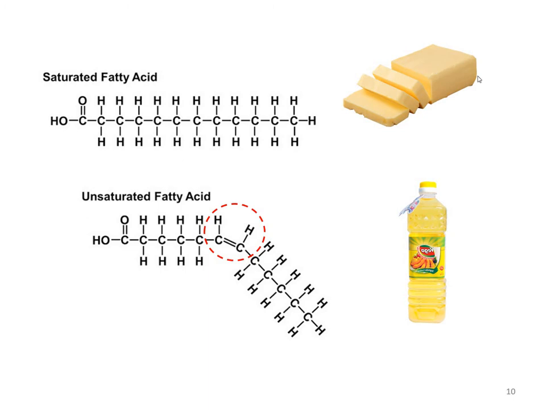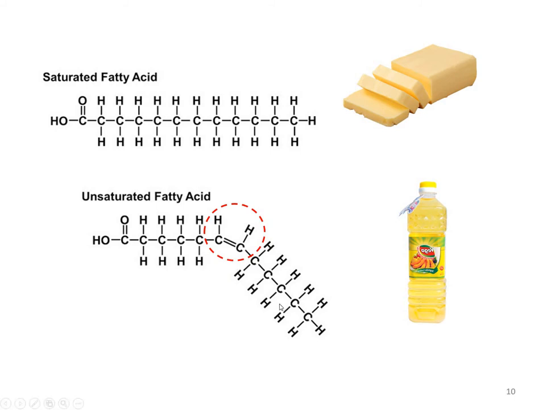Because their tails are all straight, they are said to be more compact and tend to be solid at room temperature. In contrast, in the case of an unsaturated fatty acid, the hydrocarbon chain has fewer hydrogens, and some carbon atoms bind to each other via a double bond like this one. This double bond causes bending.